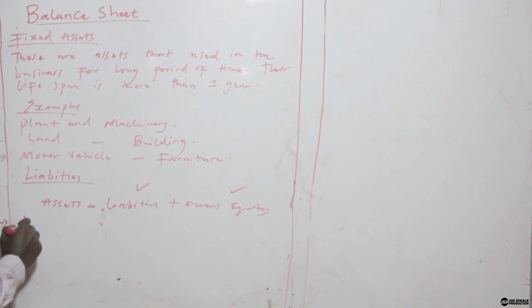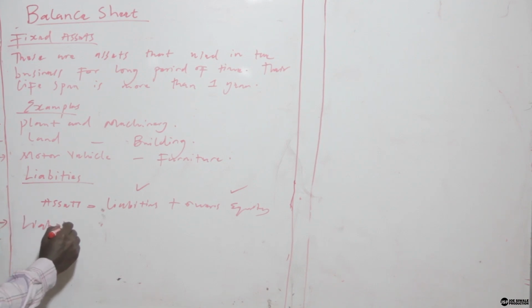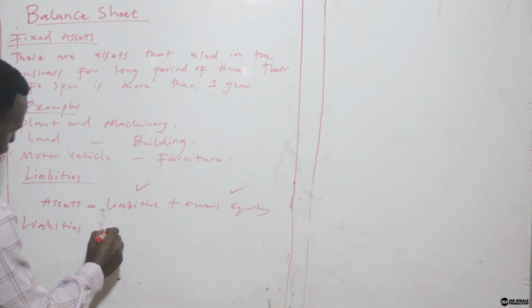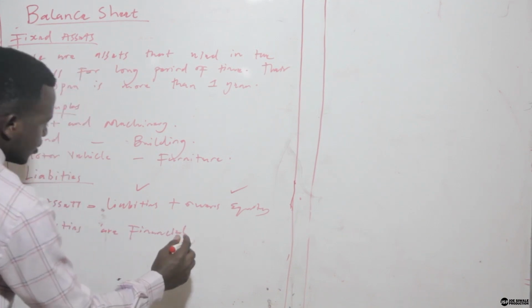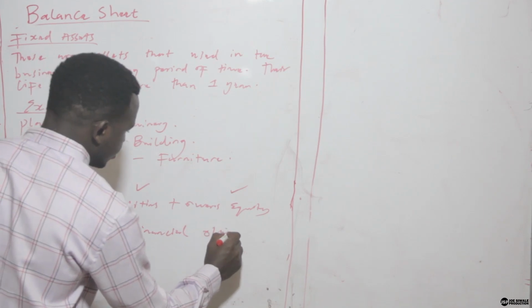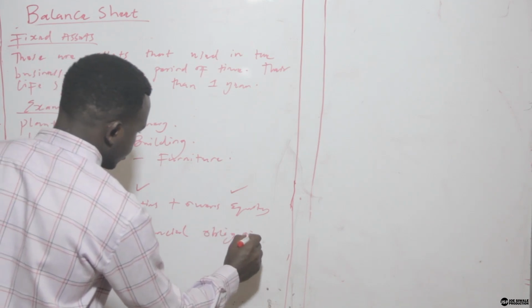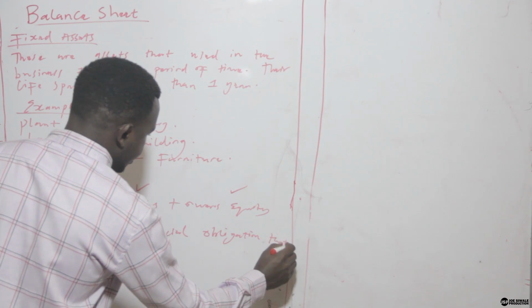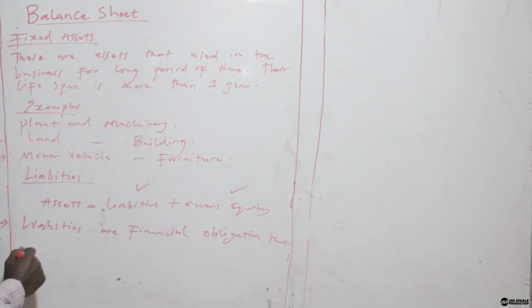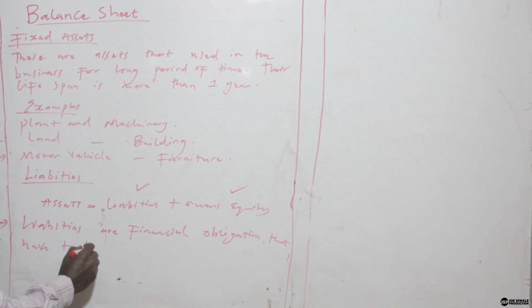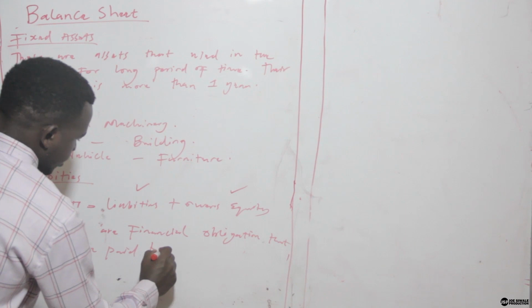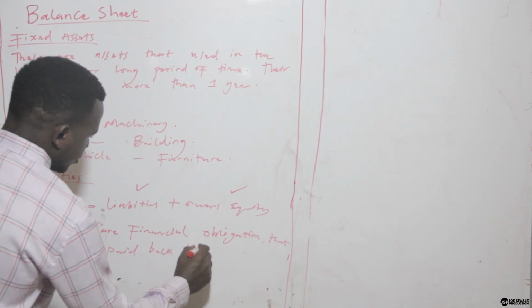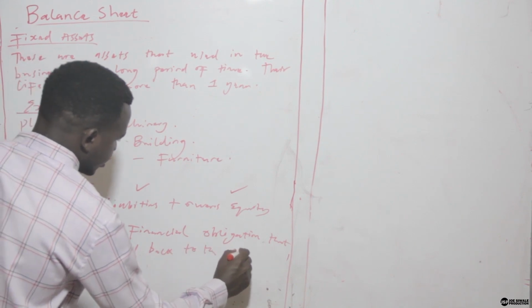So we can say liabilities are financial obligations that have to be paid back to the outsiders.